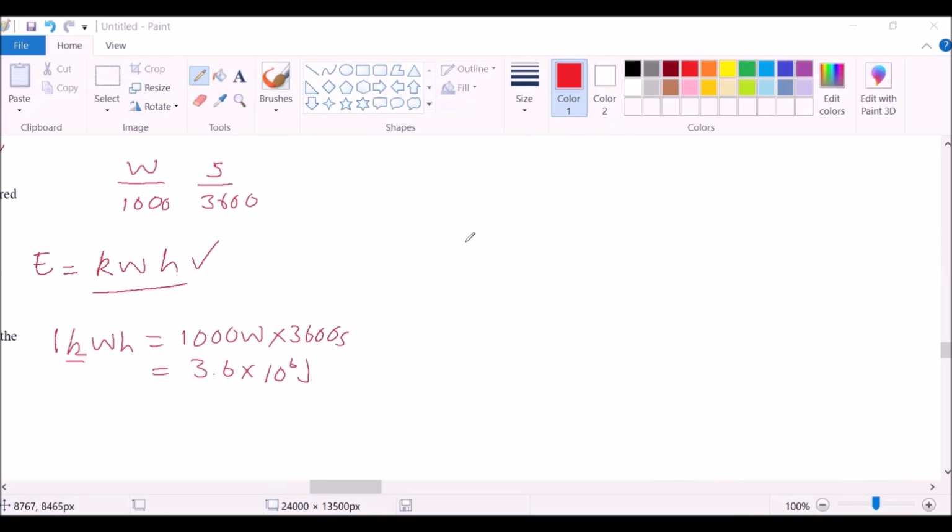So to convert from kilowatt hours to joules, we multiply by 3,600,000, which is 3.6 times 10 to the power 6. And to convert from joules to kilowatt hours, we divide by 3,600,000. So kilowatt hours and joules are both units of energy, where the joule is equal to the watt second.